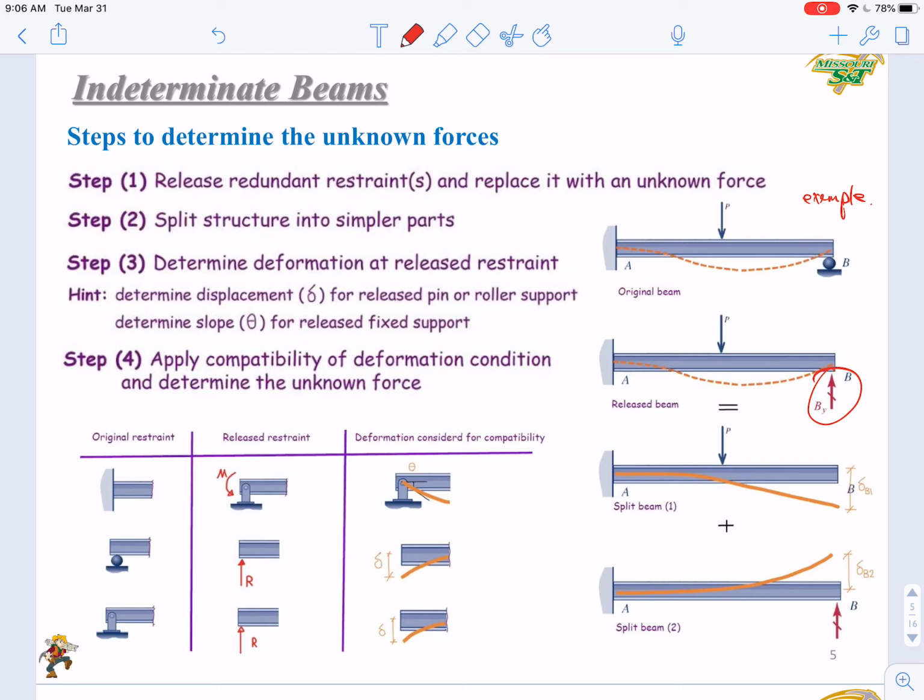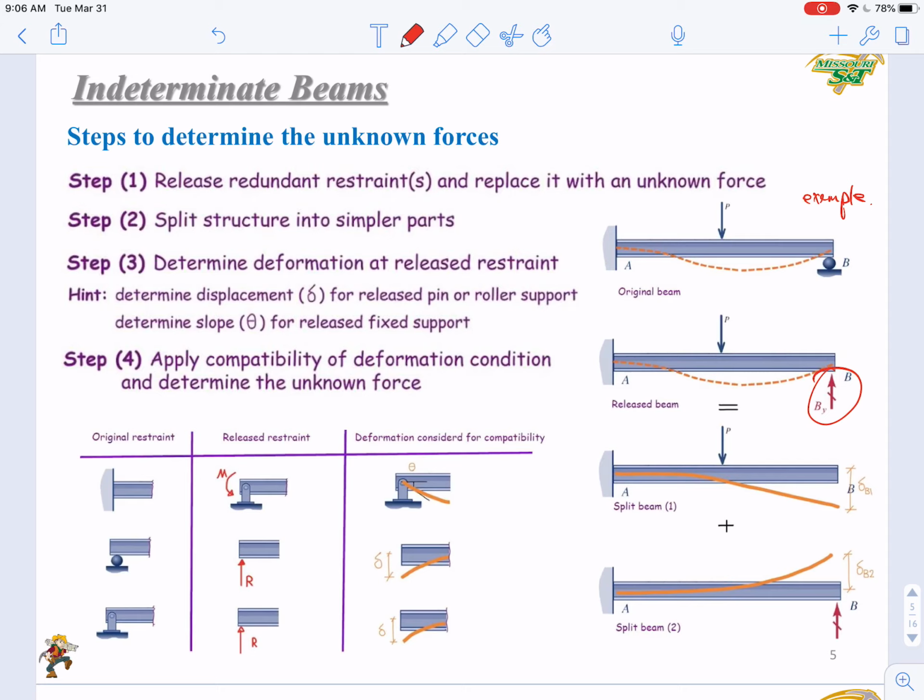Then you split the structure into simpler parts. Those will be what we did in the previous 2 lectures. In this case, you have 2 concentrated loads. One is the P in the middle, and the other is the By at the free end.